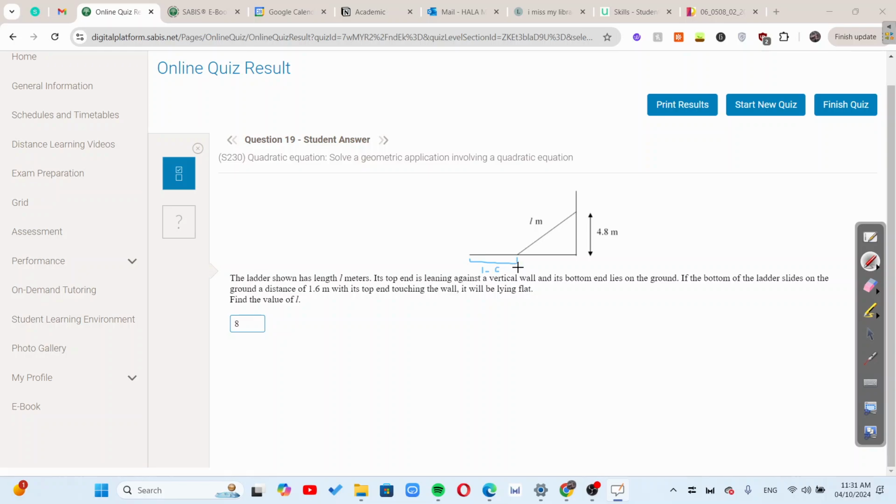So couldn't you just say that this is this plus this? So it's x plus this. Your line, when it lies flat, is gonna be this part plus this part. But now you need to find the distance of this to get the length of your line. So all of this, 1.6 plus x, equals L, because, like I said, when you lay the ladder flat, it's gonna equal L.